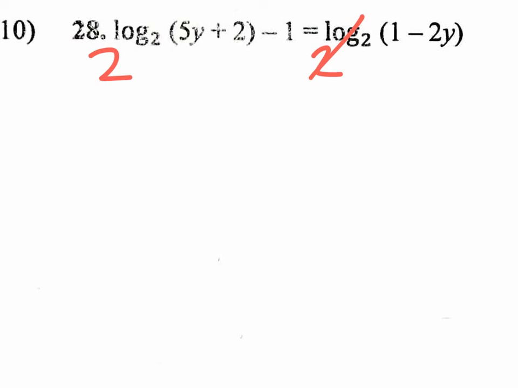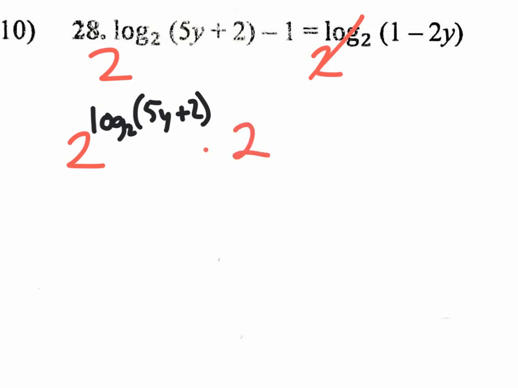So what we would have to do is split the base and write it as 2 to the log base 2 of 5y plus 2, and then times 2 to the negative 1 power. So this minus 1 out here, when I raise the whole thing to be the power of base 2, I need to split the base and write it as this times this.